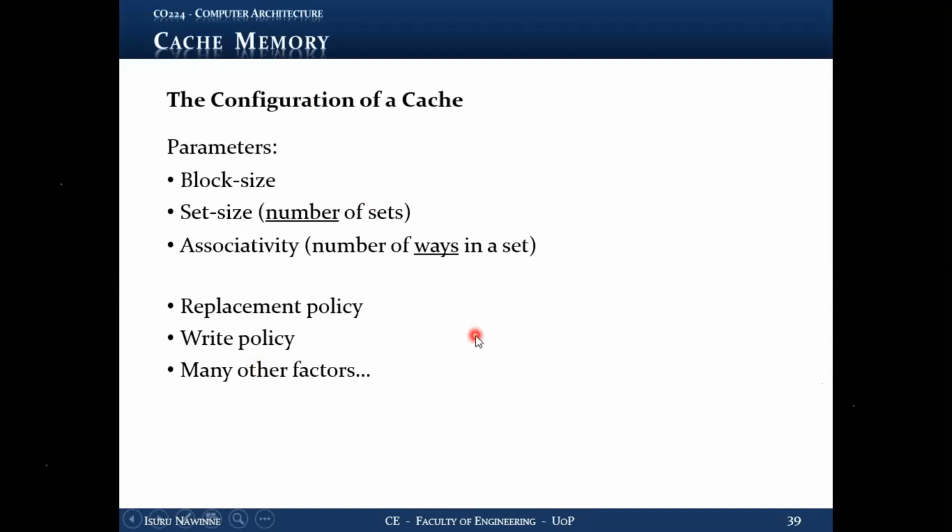And there are other factors, right? A lot of other techniques which engineers use to optimize the performance or the power consumption, depending on the requirement. All those other factors also go into the configuration of a cache. So when you fix values or policies for these different parameters, you get a single configuration which defines a particular cache, right?